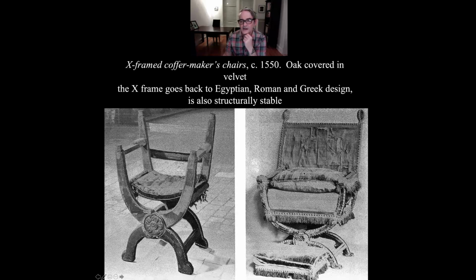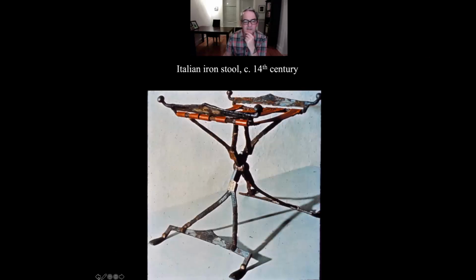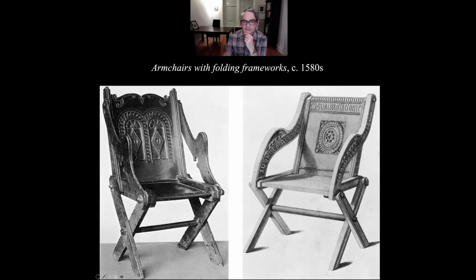It's remarkable that it even exists. And here is a folding armchair. And this is an illustration of one. And you can see this is just really made with flat pieces.